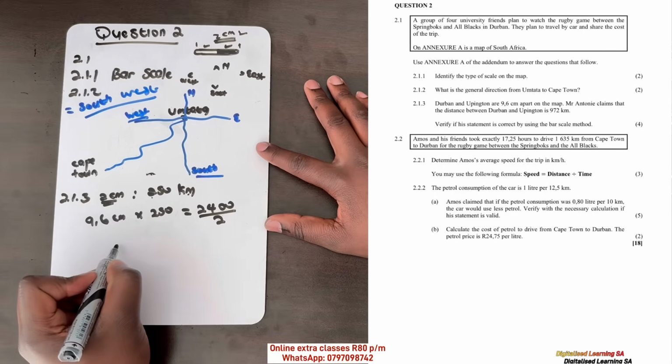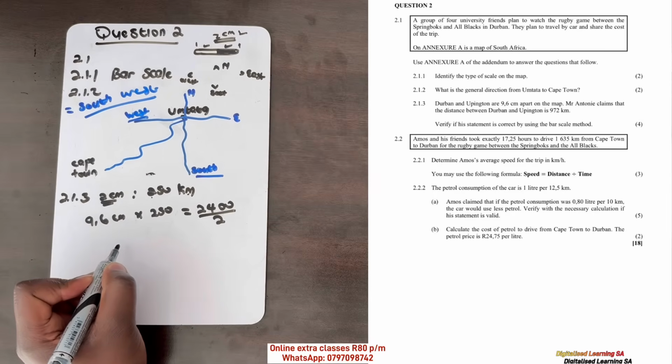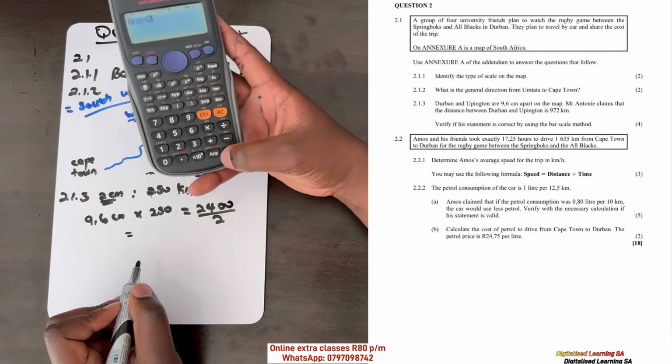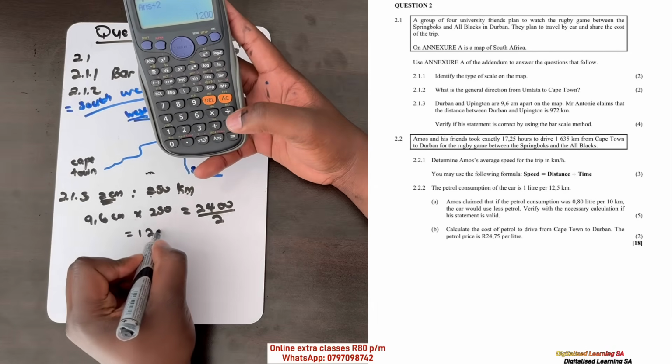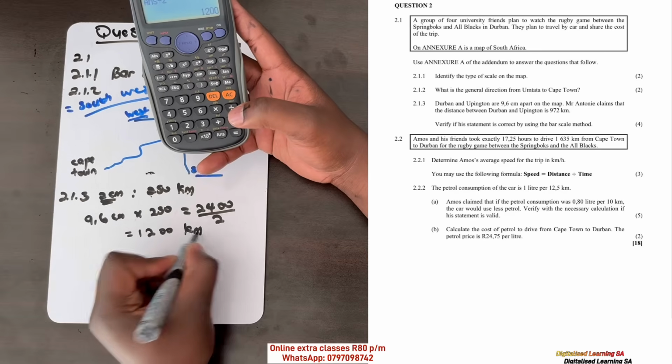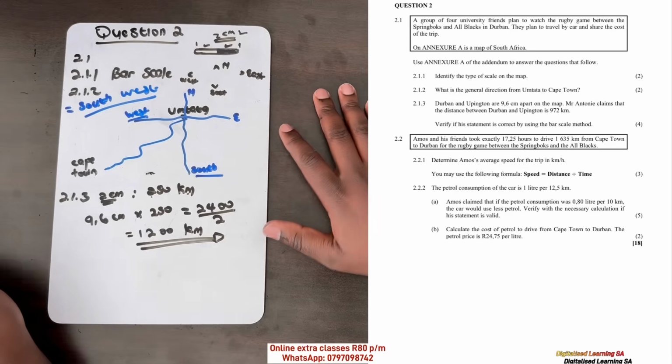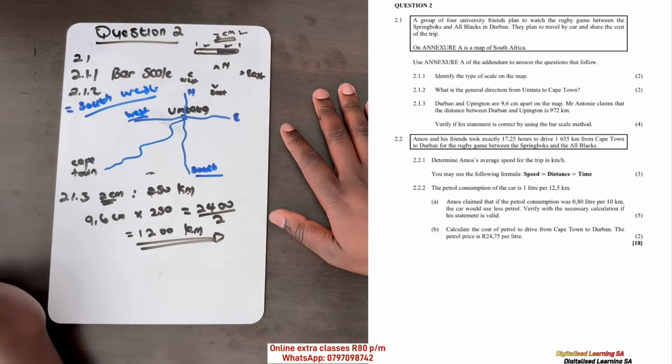So if we divide by 2, the answer will be 1,200 kilometers. The question said that Mr. Anthony claims that the distance between Durban and Upington is 972 kilometers.